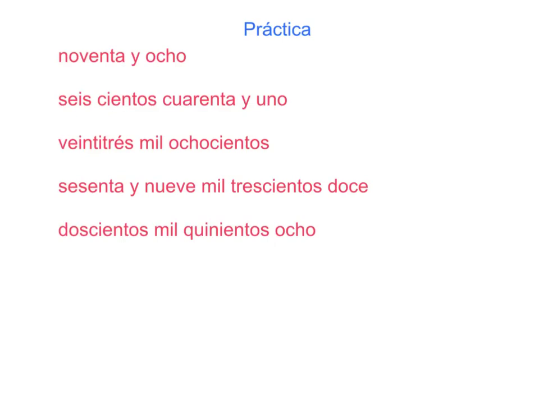So let's do one more brief practice, and this one will be a lot shorter. All I want you to do is write out the numbers themselves, the numerals. They're already spelled out for you, and I want you to tell me what they mean as just numbers. So 98, and you're going to write equals, and then write down the actual numbers themselves. Okay, so for example, if I have siete spelled out on my paper, I would write siete equals 7, and this is what I'm looking for from you is the number itself.